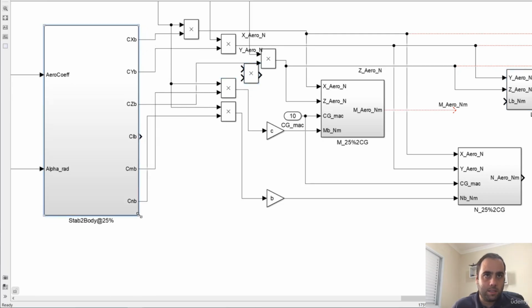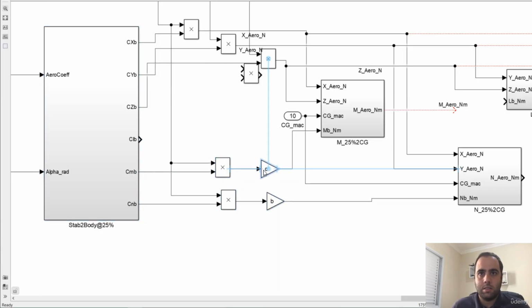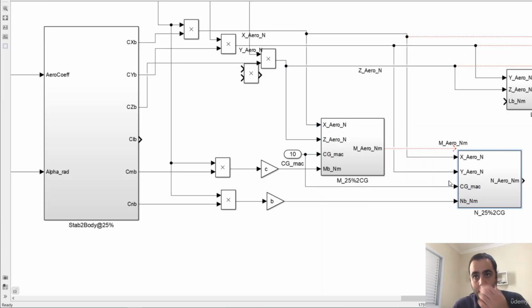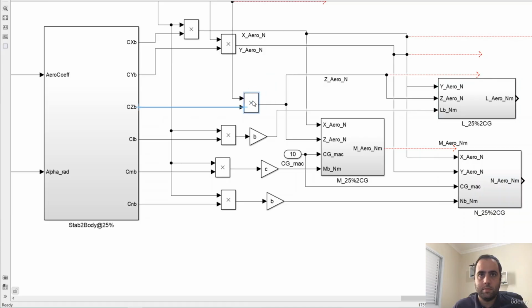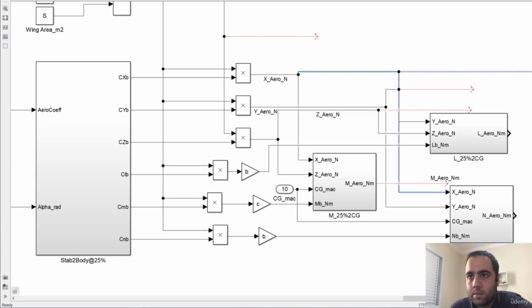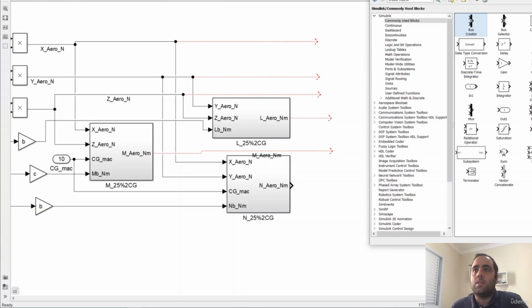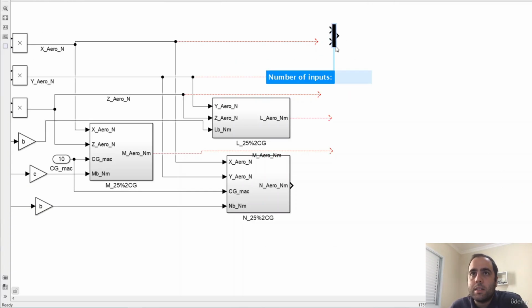Definitely don't have to increase this because it's getting too crowded here. Okay, so it's a little better now. So now let's mux all of these and create our aerodynamic vector.